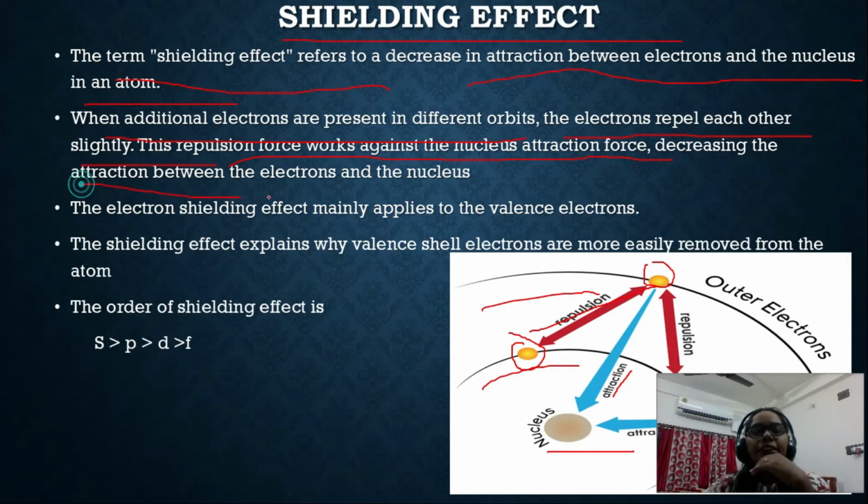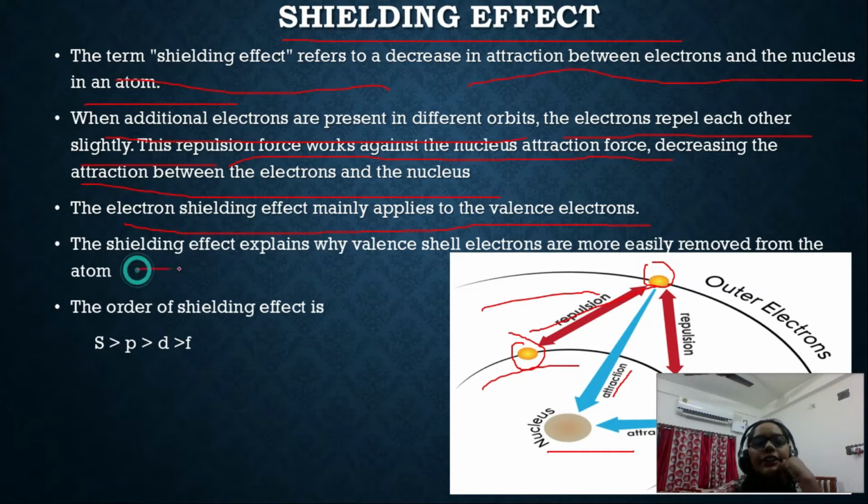Decreasing of the attraction between the nucleus and the electrons. The electron shielding effect mainly applies to the valence electrons, the outer orbital electrons. So generally we consider the shielding effect for the outer orbital or valence electrons.